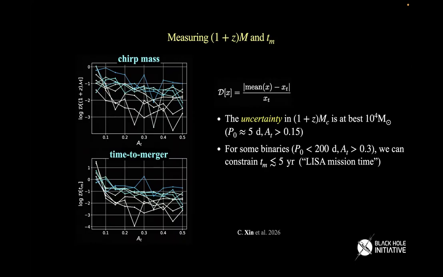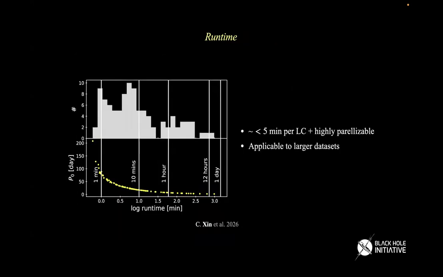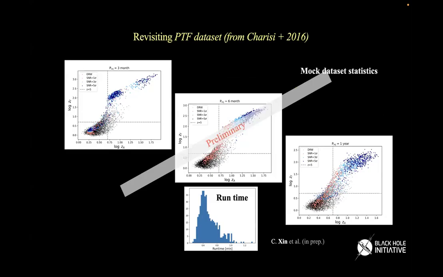So if we actually identify a binary with chirp in LSST, there is hope to constrain the exact time to merger within this window. I feel like that's pretty cool. This could potentially be another way of measuring these physical parameters, especially offering another way to measure black hole mass. For runtime, I'll skip; it's reasonable to expand this to a larger data set.